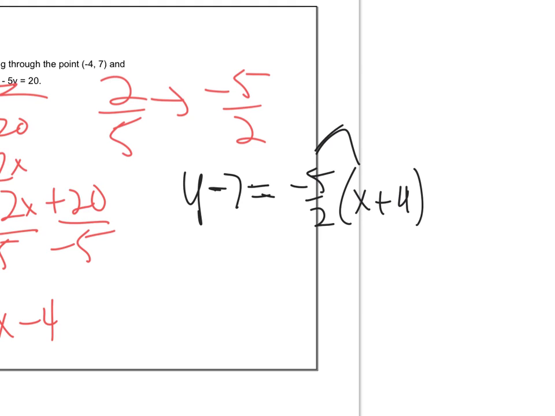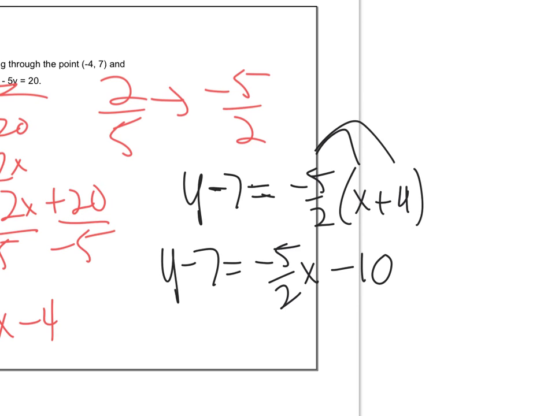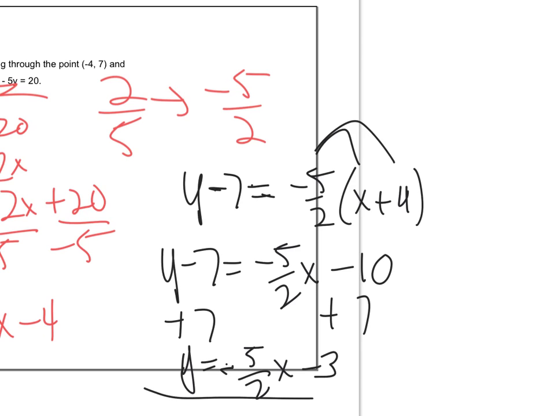Okay, so now distribute this, distribute this. And then this is going to be minus 10. 2.5 times 4 is going to be 10. So add 7, y equals negative 5/2 x minus 3.